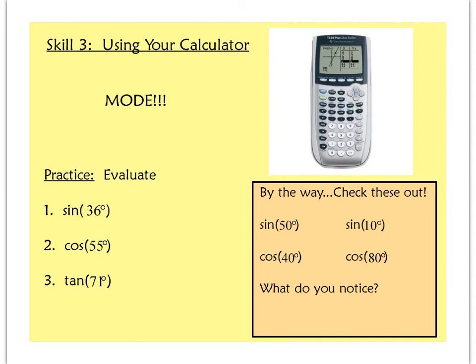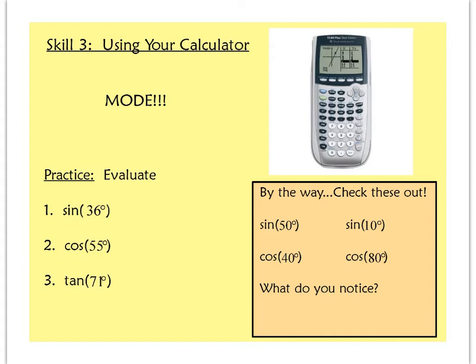Then all you have to do is hit the sine button on your calculator, which is right there, SIN, and it will pop up SIN with the opening parentheses. Type in 36 and close your parentheses. Don't try to type the degree symbol. That's why we put our calculator in degrees. That was why we did that first.